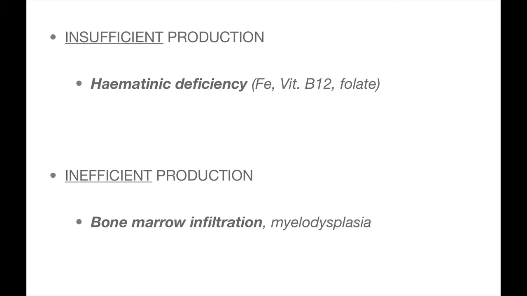And the crucial hematinics that you need to know about are iron, vitamin B12 and folate, and deficiencies of different ones can cause different types of anemia. In inefficient production, there is some problem with the machinery that's producing the red blood cells, and this is commonly seen in bone marrow infiltration or myelodysplasia.